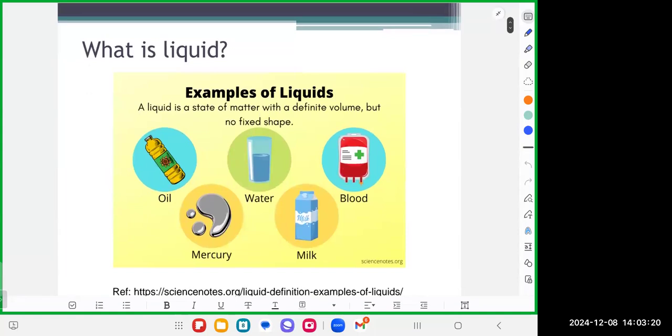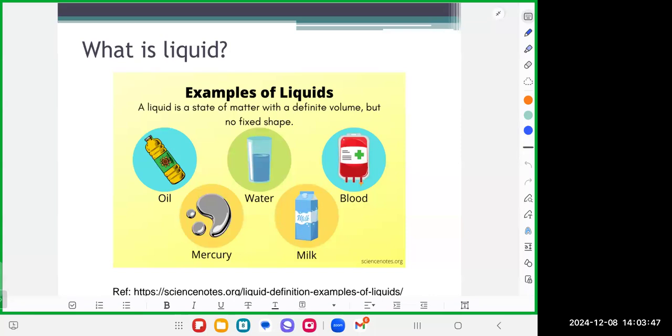So, what is liquid? You guys know about liquids. In Thai, we call it ของเหลว. You may know some examples, for example water, oil, blood, mercury, milk.